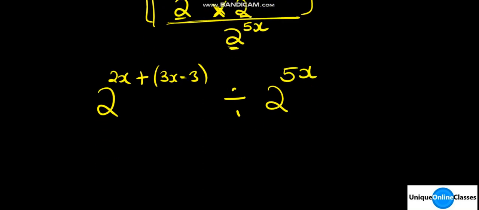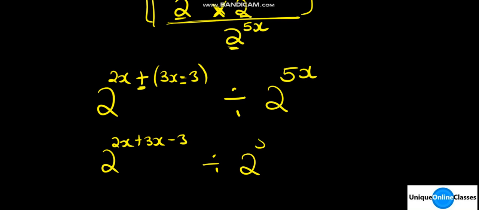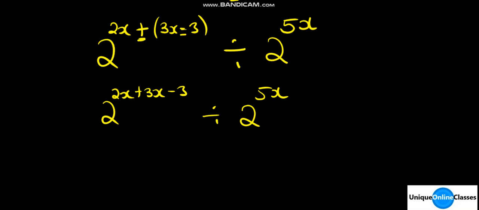Now after I remove the brackets, we have 2 raised to the power 2x plus 3x minus 3, then divided by 2 raised to the power 5x. Next, combine like terms together.